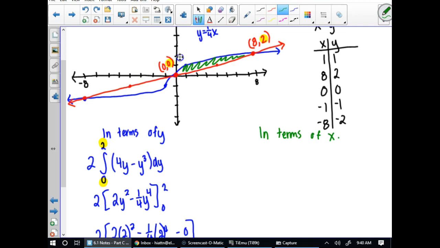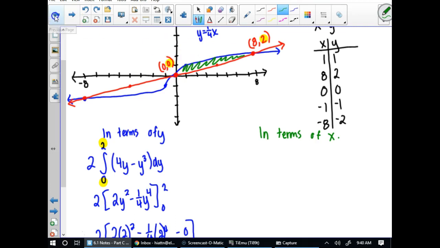It would be the red function, no matter where you're at. If you start at the y-axis, that red line is further from the y-axis. It's furthest to the right every time. And then if you start at the y-axis, the blue line is closest. So think of starting from that y-axis and look at which one is furthest to the right, which one you have to go furthest this way to get to, or the one that you have to go the least amount.